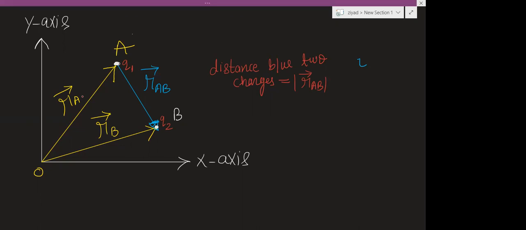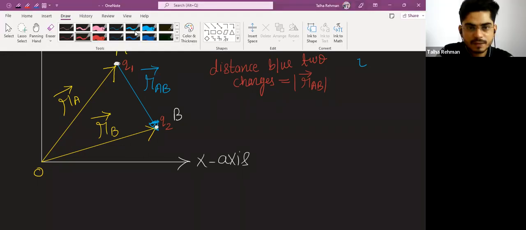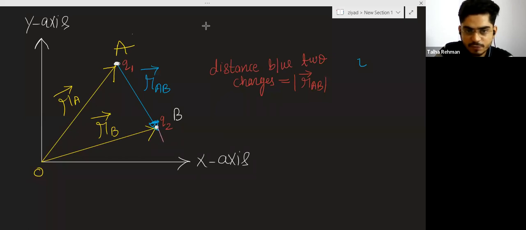Again, these are two point charges, and these point charges will repel each other with some force.